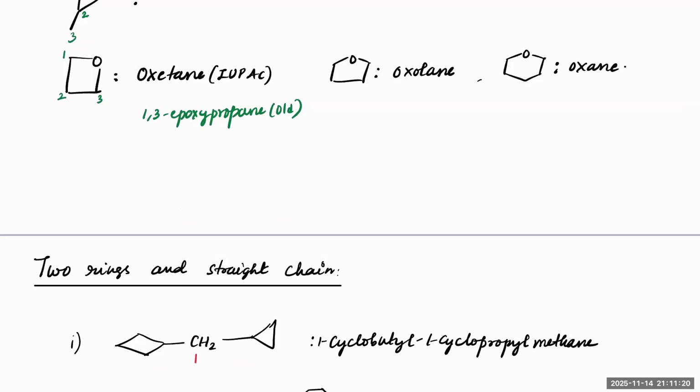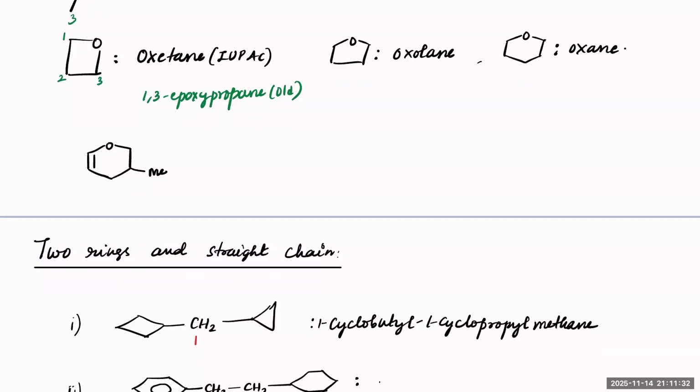Just to give you one example, please check this out. Suppose you have a structure like this, correct? I have a methyl here and a double bond here. So what should be the name in this case?